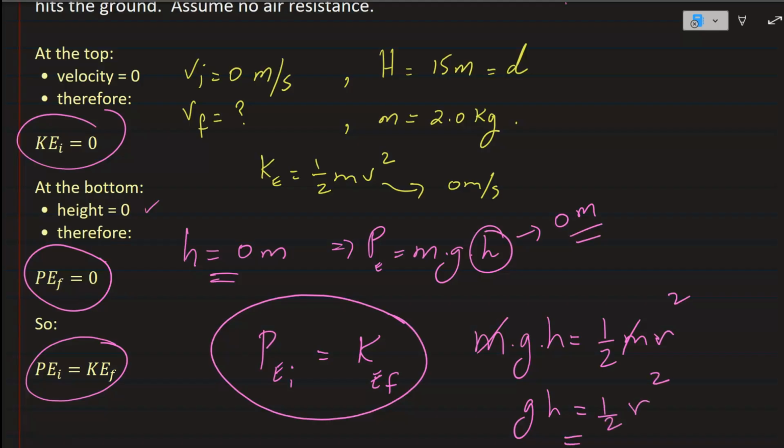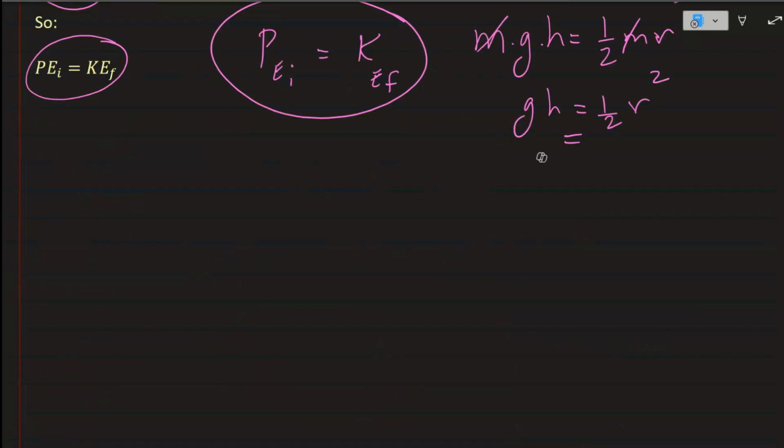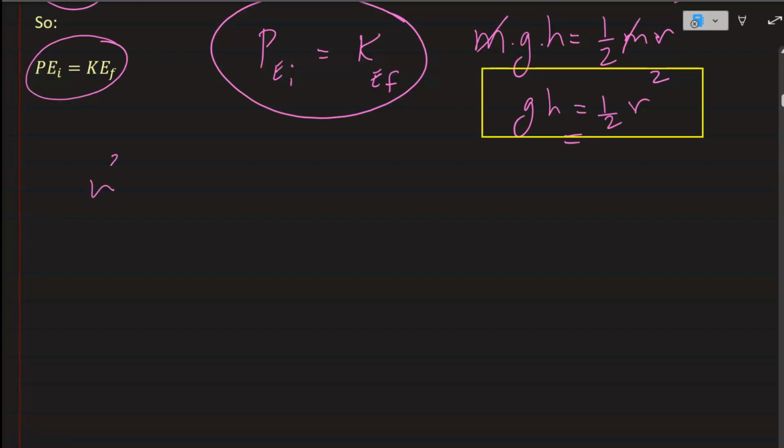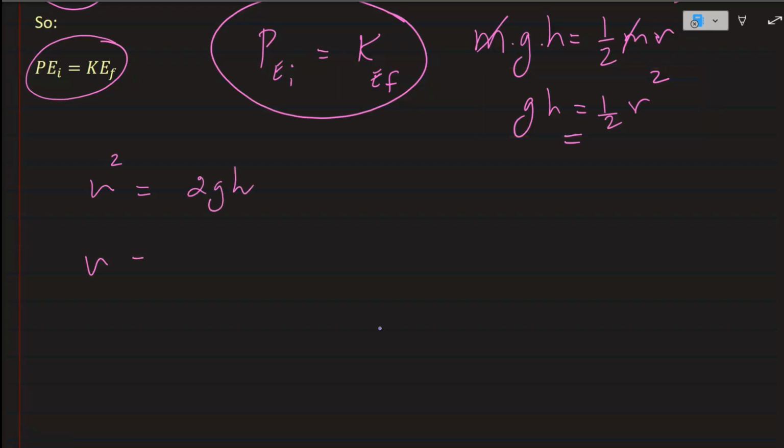This is the equation we're going to use. Since we need to solve for the velocity just before hitting the ground, we solve that equation for velocity, so v squared is equal to 2gh. Then you have to take the square root of both sides, and in this case v would be the square root of 2gh.